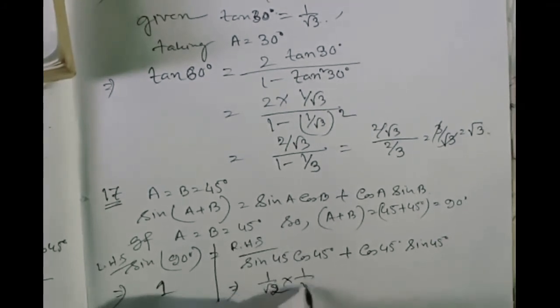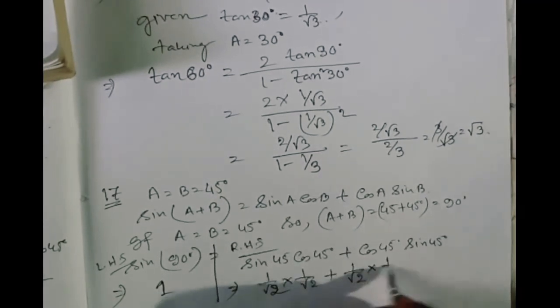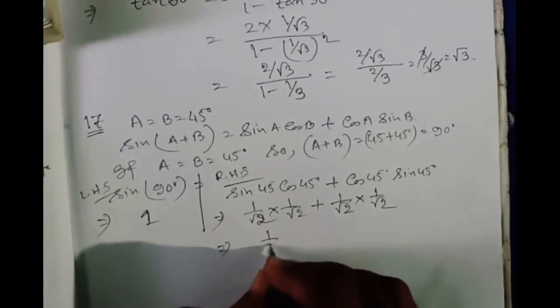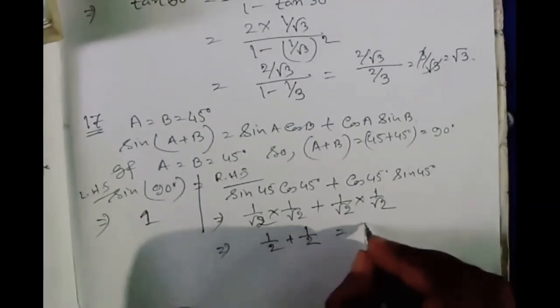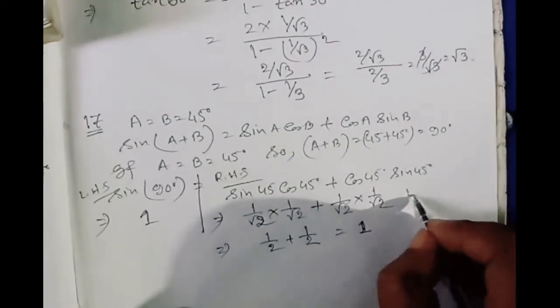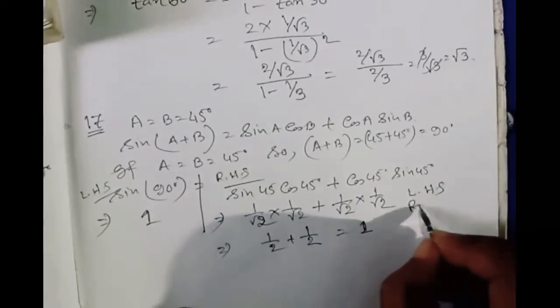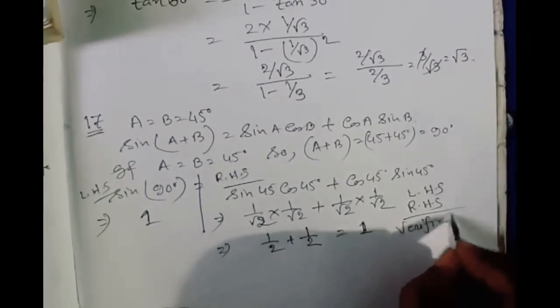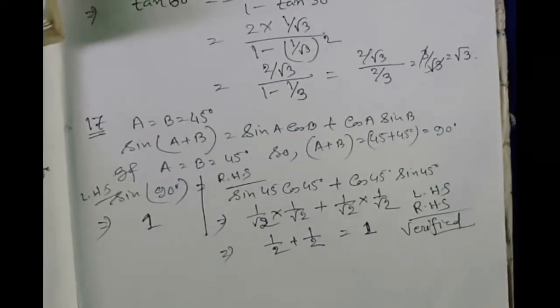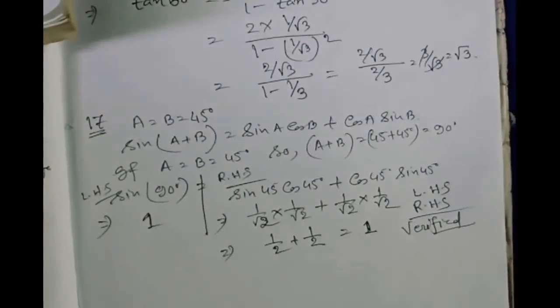This is 1 by root 2 into 1 by root 2 plus 1 by root 2 into 1 by root 2, which is 1 by 2 plus 1 by 2, that is half plus half equal to 1. So, LHS equal to RHS verified. Similarly, by this process we can verify the rest of the questions of class 7.